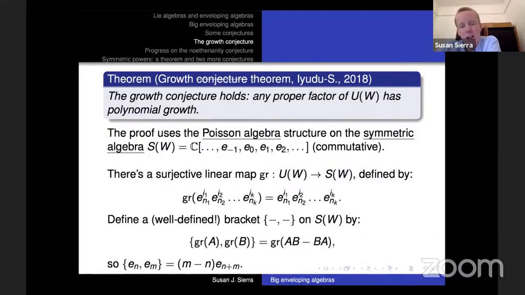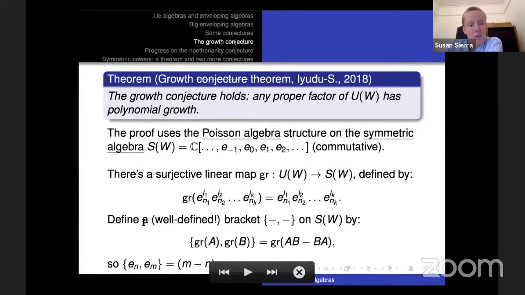And I'm going to define a bracket, which I'll use curly braces for here, on S of W in the following way. Let me take two elements in S of W. I'll write them as gr of A and gr of B. Their bracket is going to be gr of their commutator, AB minus BA. This is a well-defined bracket.